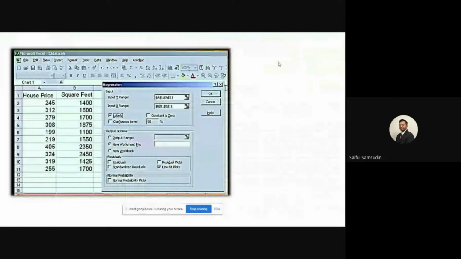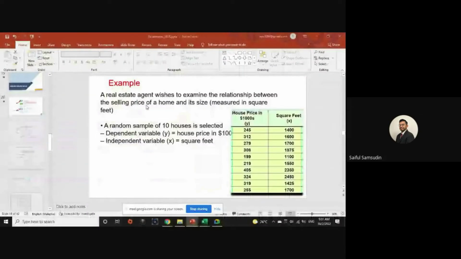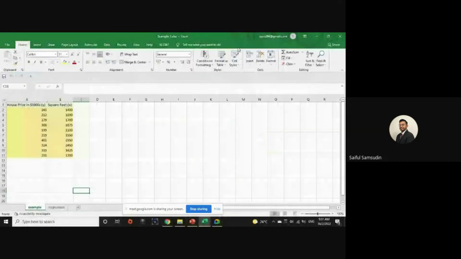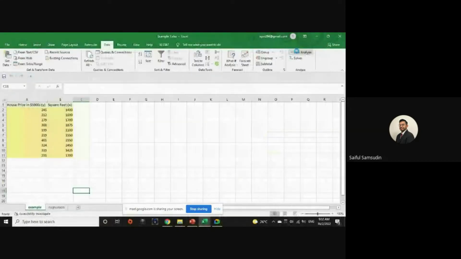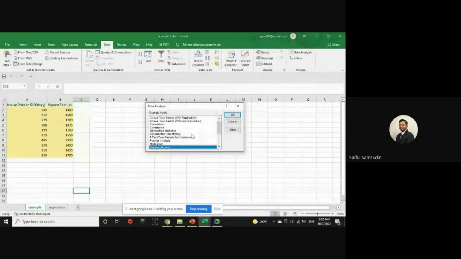Okay, so let's do it together. At the data analysis, you click regression. You find regression here.